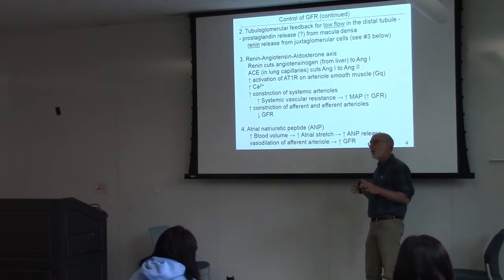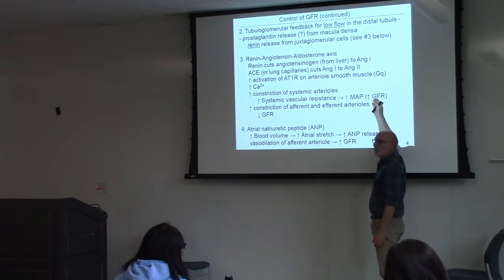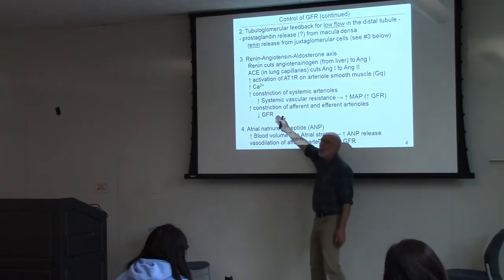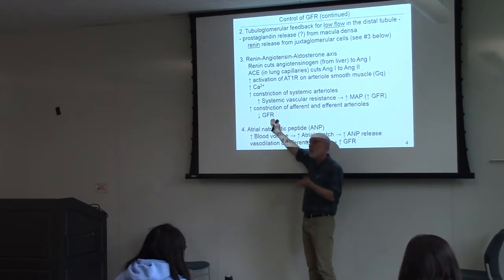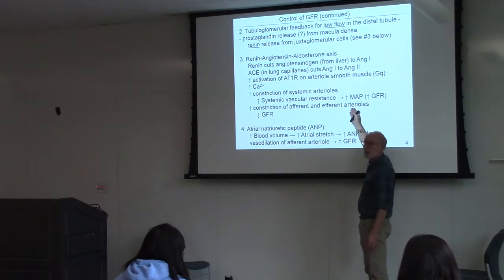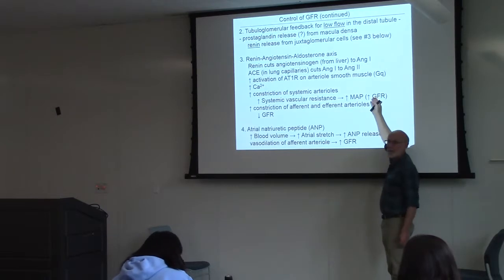So now we've got a complication. Sometimes, well, most of the time, what happens with activation of renin and angiotensinogen cutting, and ACE cutting of angiotensin 1 to angiotensin 2, and activation of the AT1R all over the body, is a decrease in GFR, because this effect overrides this effect.